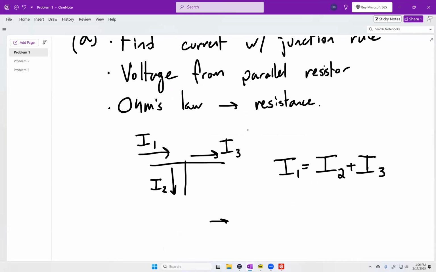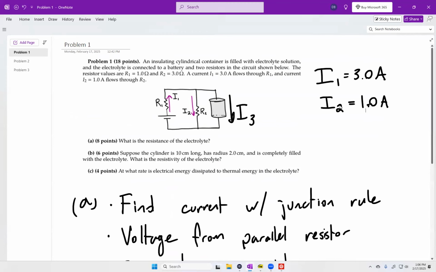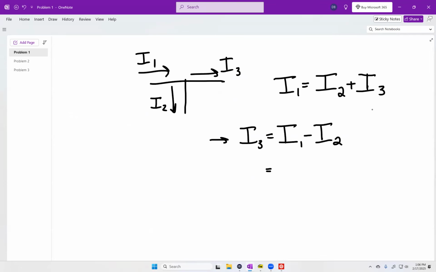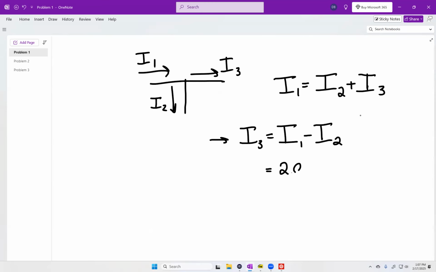So I3 is going to be I1 minus I2, and we know both these numbers, right? I1 is 3 amperes. Apologies for the helicopter. I1 is 3 amperes, I2 is 1 ampere, which means that what's left over is 2 amperes.